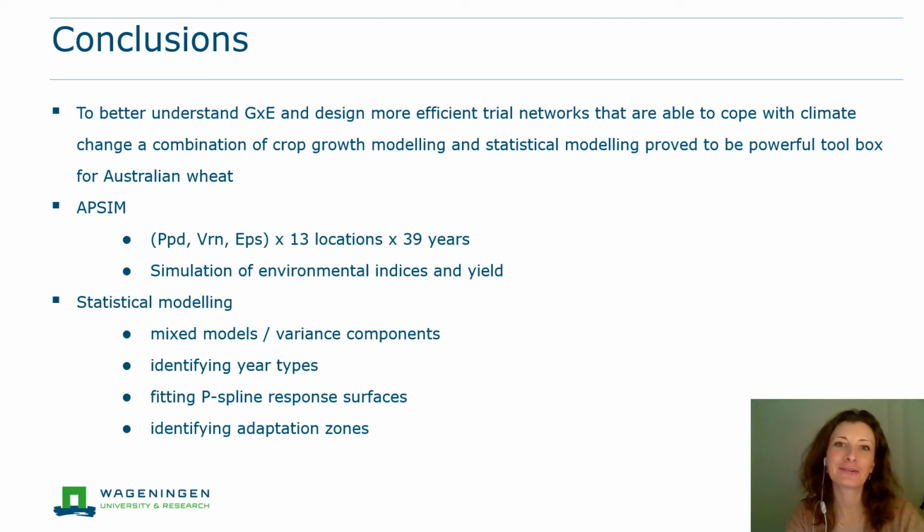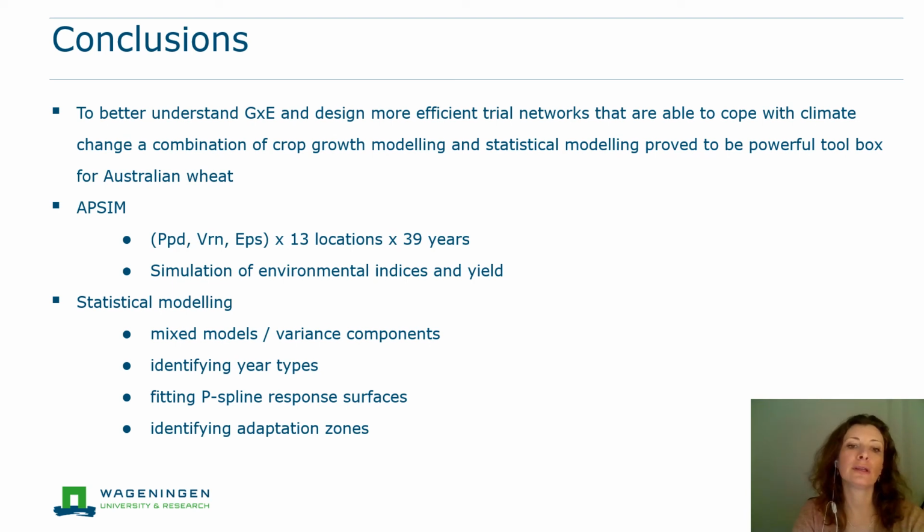To conclude, I would like to say that to better understand G by E and to design more efficient trial networks that are able to cope with climate change, it may be useful to use a combination of crop growth modelling and statistical modelling. In this example, we relied on the APSIM crop growth model, and we generated genotypes that were varying for a number of parameters related to phenology, and we ran those simulations for 13 locations and 39 years.